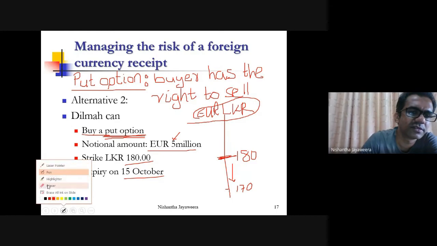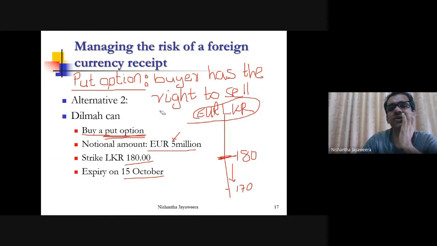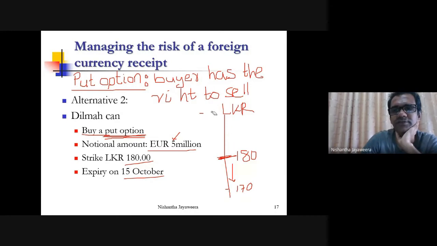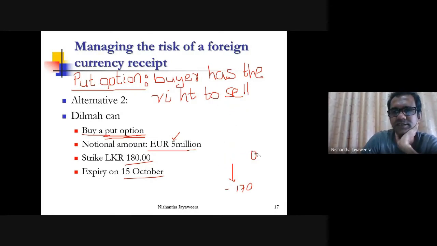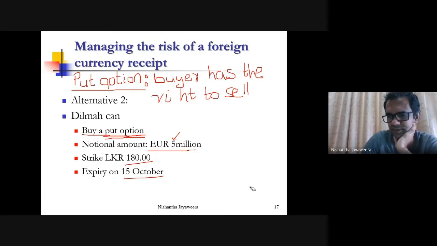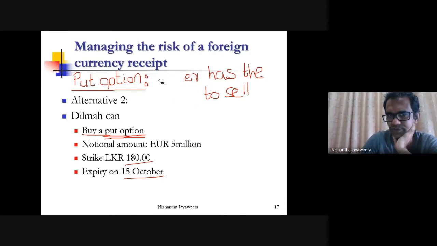Okay, before that, say on July 15th, when the exporter buys this option, what should the exporter do?